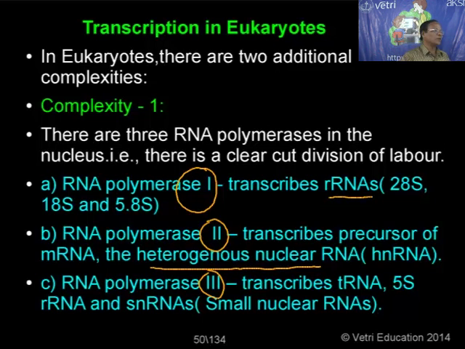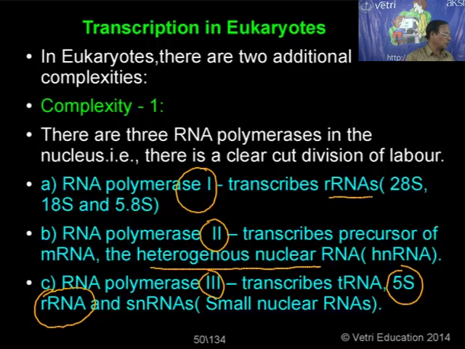RNA polymerase 2 is responsible for the synthesis of mRNA. It transcribes mRNA, also called heterogeneous nuclear RNA, because it is formed of both wanted and unwanted components. RNA polymerase 3 transcribes tRNA and also a small RNA, namely 5S ribosomal RNA, and also small nuclear RNAs, which are involved in some other events.